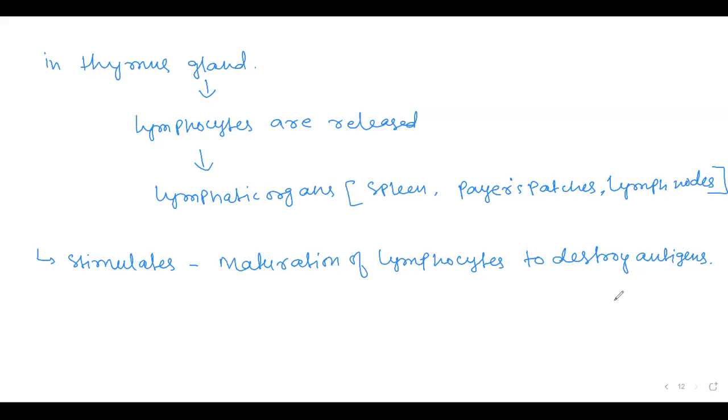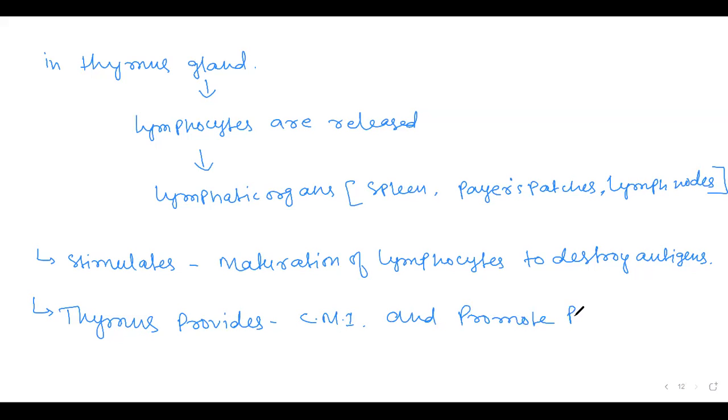As the thymus decreases in size, its size declines due to aging. The thymus gland provides CMI, cell mediated immunity, or we can also say cellular immunity, and promotes production of antibodies to provide humoral immunity.